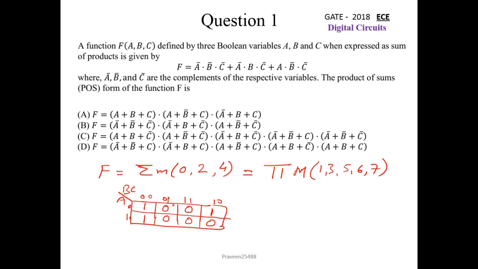So here for first of these zeros, we will write A plus B plus C bar. Here the noted point is that we are writing the product of sum form, so here 0 will dominate. For next 0 it is A plus B bar plus C bar.